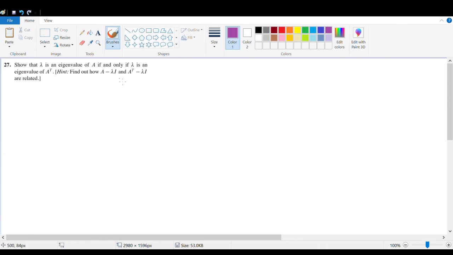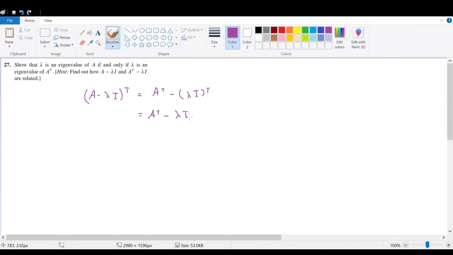So if we take A minus lambda I, and find the transpose of this one, because we have subtraction, we can distribute, so this is A transpose minus lambda I transpose. The transpose of the identity matrix is just the identity matrix, and lambda is a constant, so there is no transpose, so this will give us lambda I.